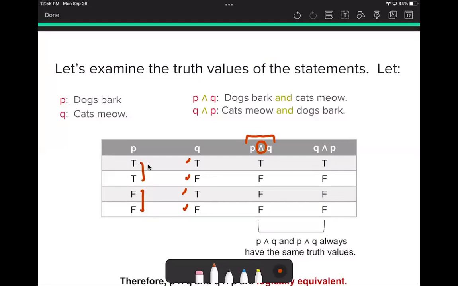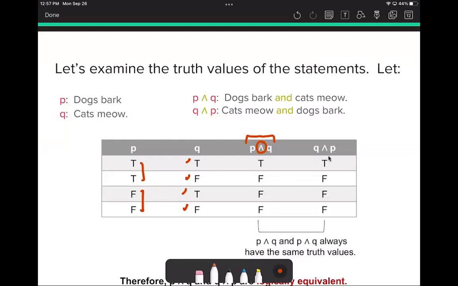Okay, so now for the first row, P is true and Q is true, so that means that P and Q is also true. And then for the second combination, P is true and Q is false, so it will be false. So similarly, for the last rows or last combination of truth values, there is at least one false, which will cause this conjunction of P and Q to be false.